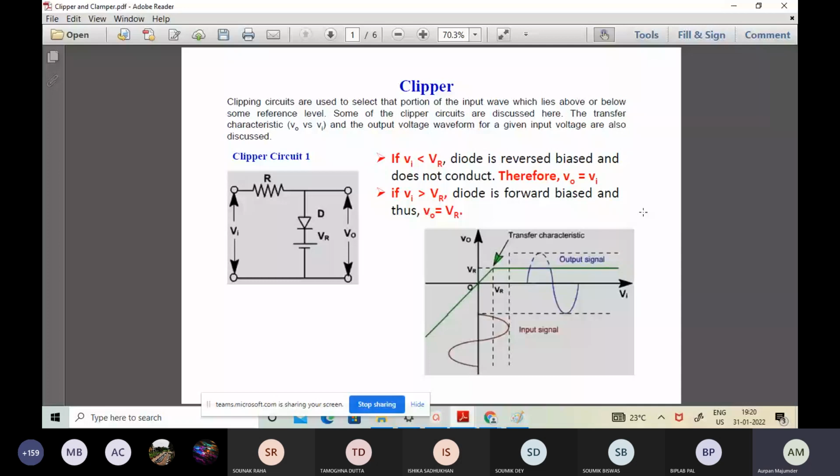Or let us say you need the output to be of square waveform type, or a pulse waveform. So the sinusoidal waveform has to be converted to a pulse waveform. So the wave shaping circuits which are employed for this purpose are important in this context.